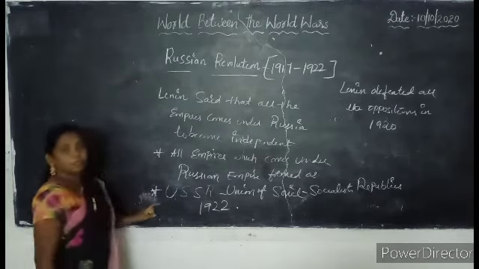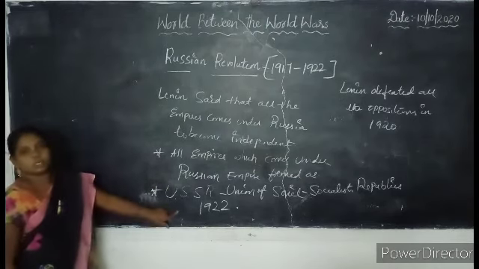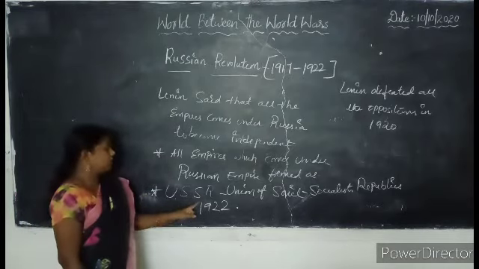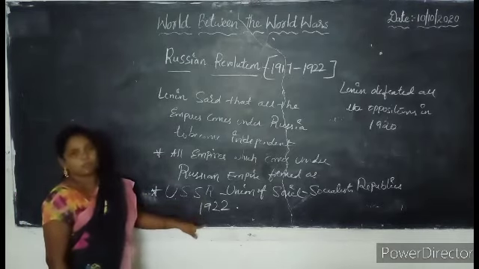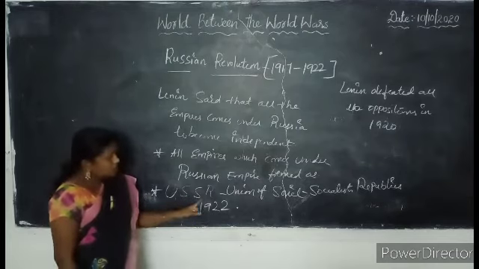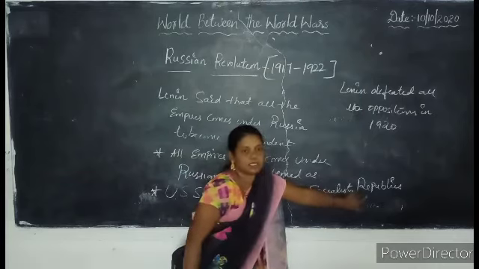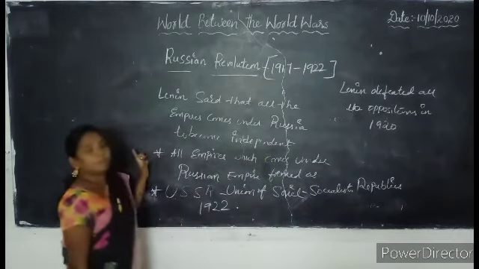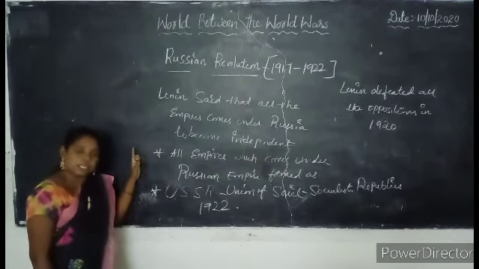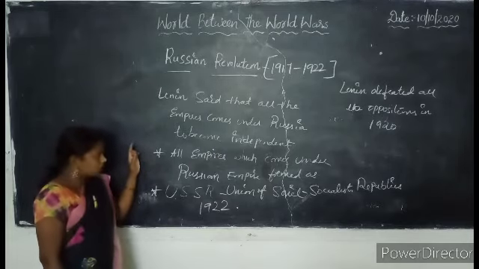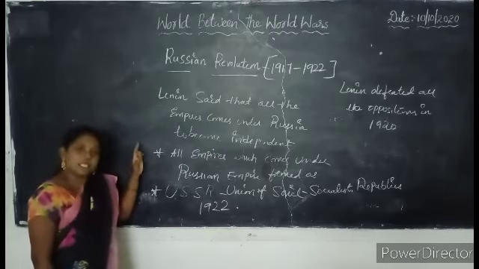Important point. In a 1-mark question they may ask, what is the expansion form of the USSR, or in which year the USSR was formed? USSR means Union of Soviet Socialist Republics. All the empires under the Russian Empire were divided, got freedom and formed independent nations.